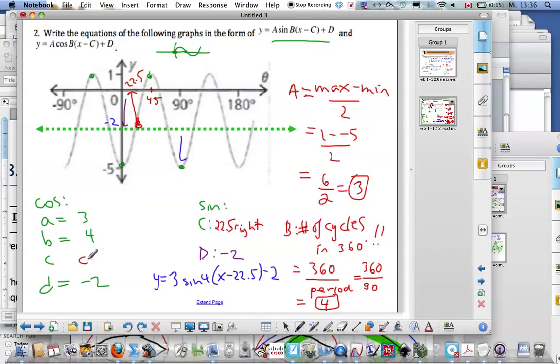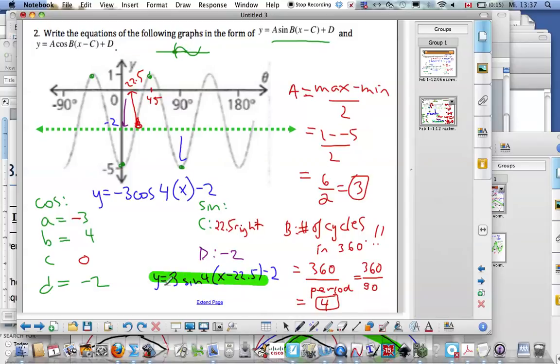I'm going to make this 0, except it's the wrong way around. How do I adjust that? With our A. When there's a negative in front, that means it has been flipped. Do I have to do anything else? Doesn't look like it, because now we're not translated or anything. So our other possible equation, and there are more, depends where you start, is just y equals -3 cos(4x) minus 2.